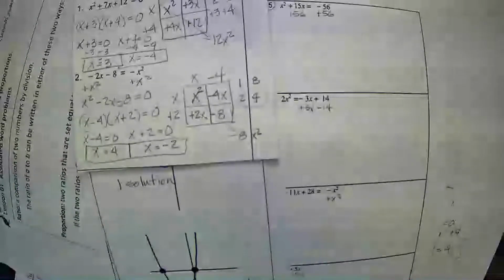You doing okay? Where did 10x come from? That should be a 0x. And then minus 64. I'm not sure what happened in here.